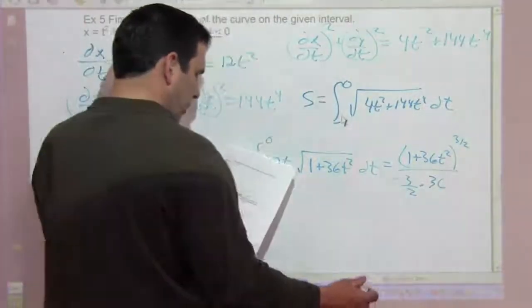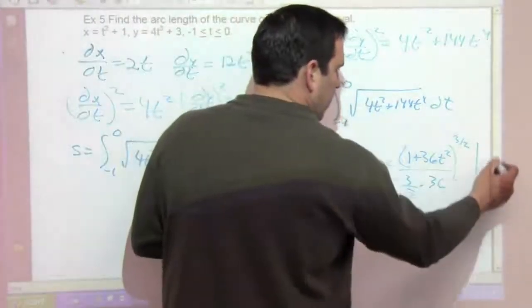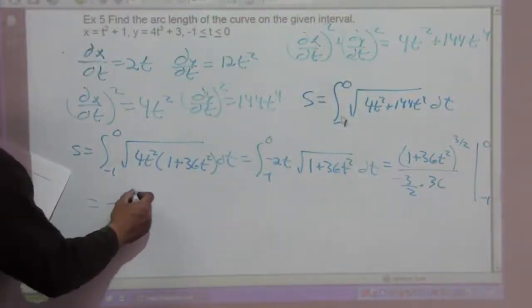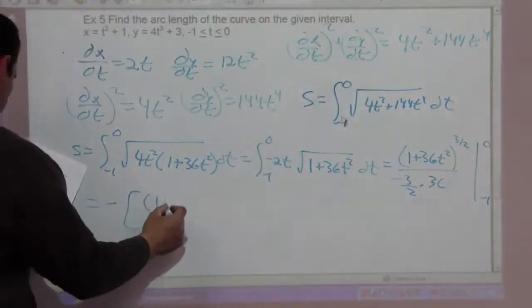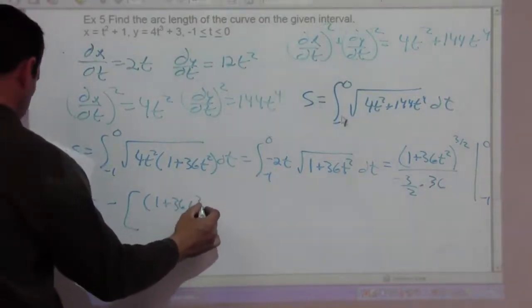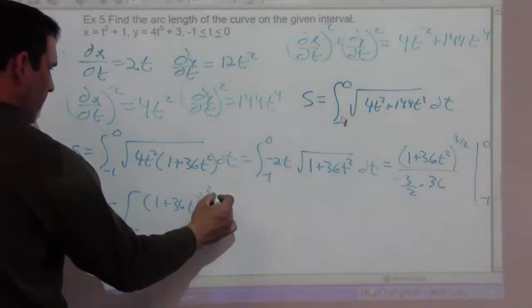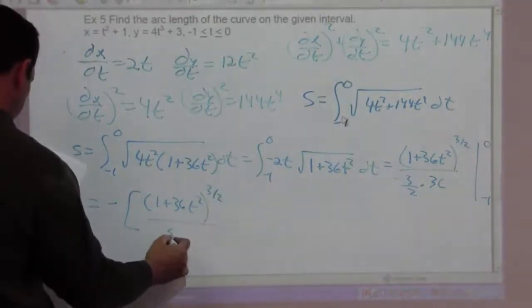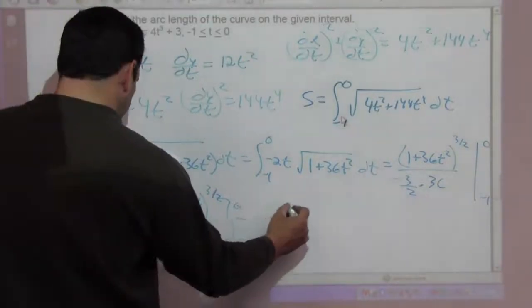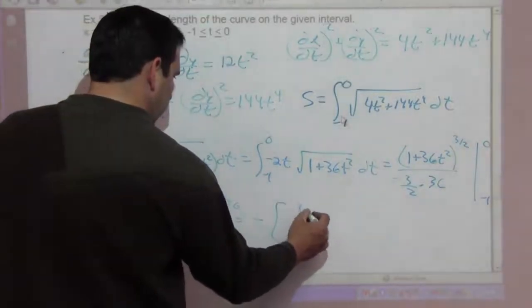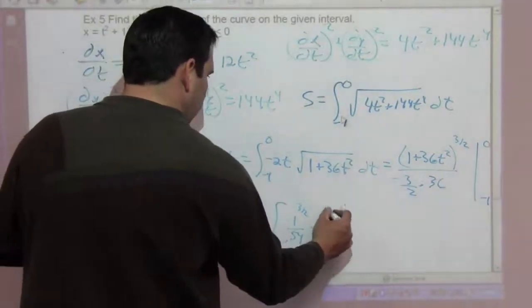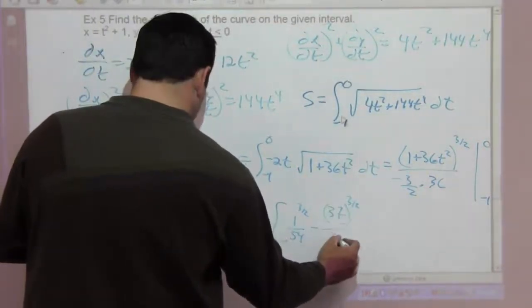Can't forget about the negative though. We're going to evaluate this from -1 to 0. So this is going to be the negative of 1 plus 36t squared to the 3/2 over 54. That's going to be the negative of 1 to the 3/2 over 54 minus 37 to the 3/2 over 54.